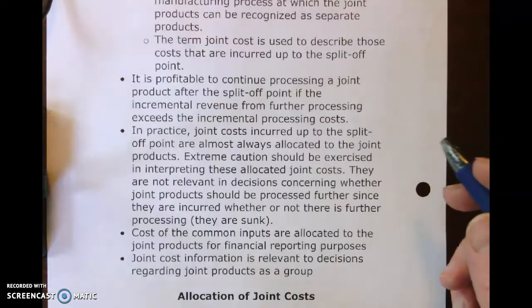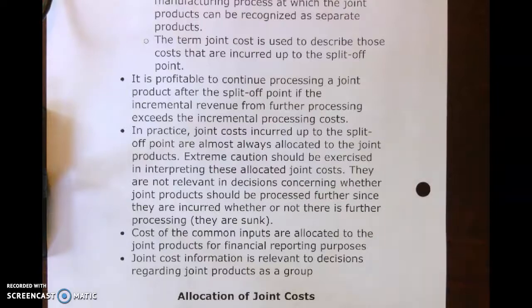For example, if we have cocoa butter, cheap cocoa butter, or the pricey, fancy cocoa butter, and we're deciding whether to further process it into the expensive cocoa butter or just sell it as the cheap cocoa butter, the price of the cocoa beans that we allocated to the cocoa butter is not relevant to our decision about whether we should further process it into the more expensive cocoa butter or sell it as is.